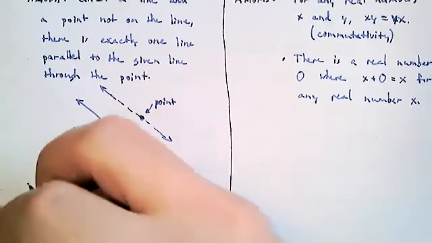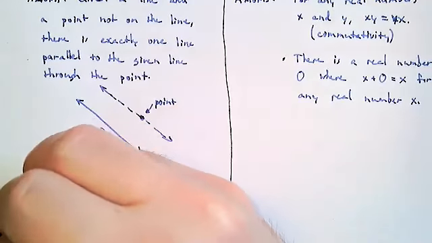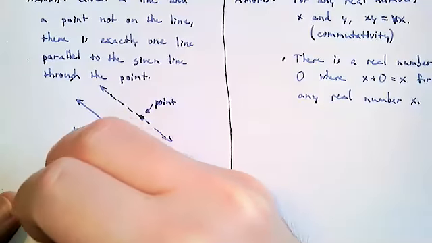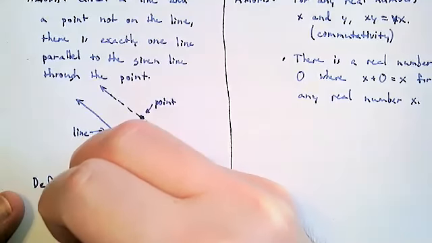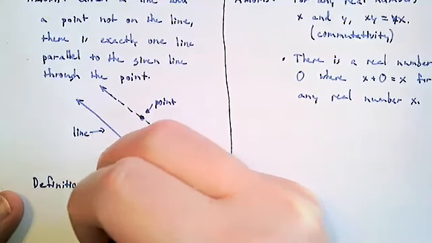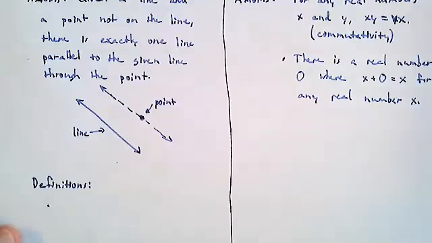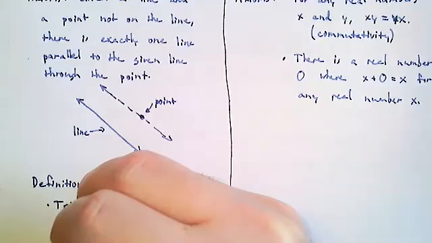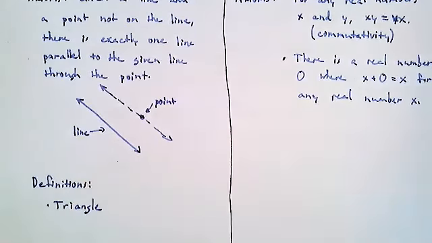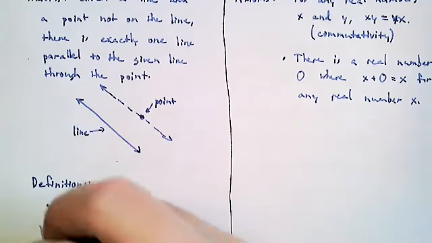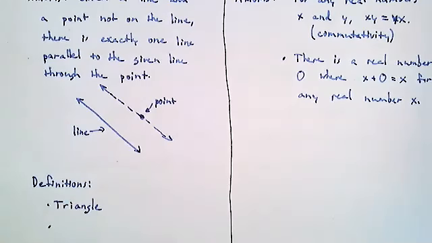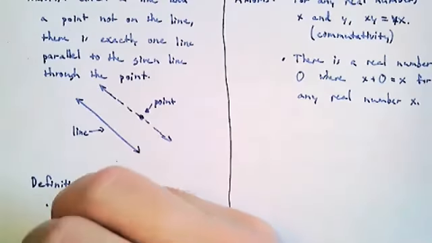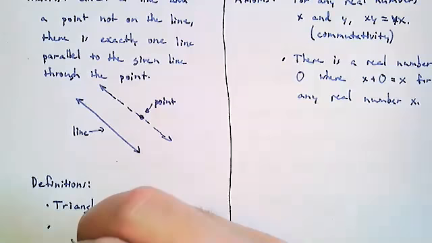There are also some familiar definitions in both of these systems. And maybe I won't write out the whole definitions, but you know, there's definitions for things like a triangle, okay, so 3 line segments that are connected. There's some other things like supplementary angles.